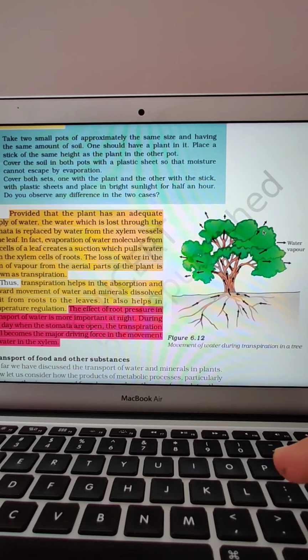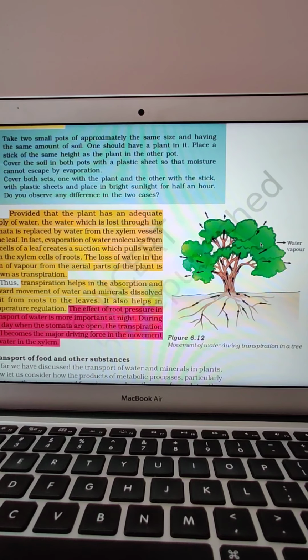Due to the process of transpiration, this loss of water creates a suction pressure, due to which the water rises in the xylem from the stem up to the leaf. And this is how water is transported in plants. The major forces involved in the transport of water and minerals are what?